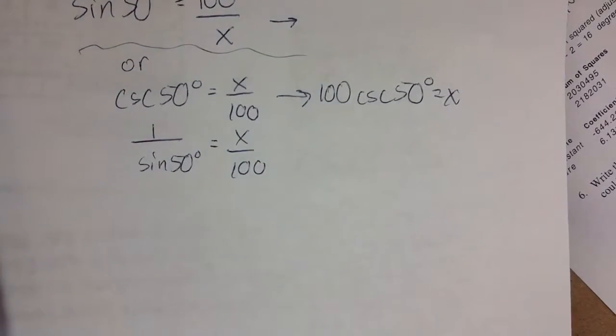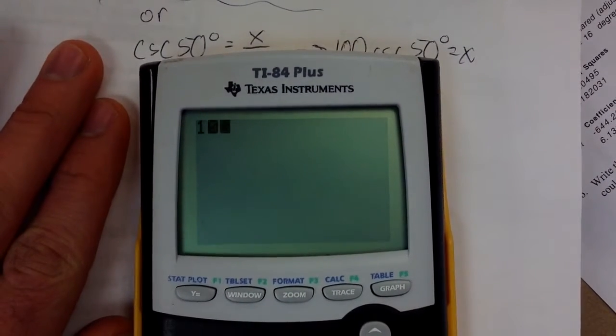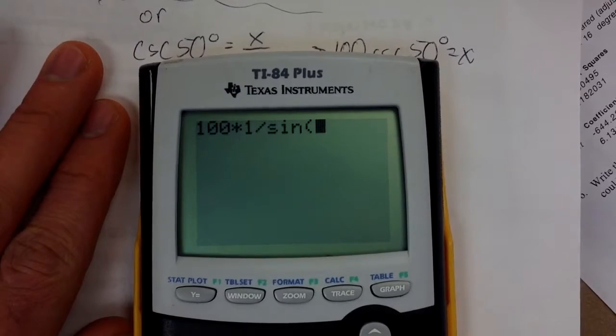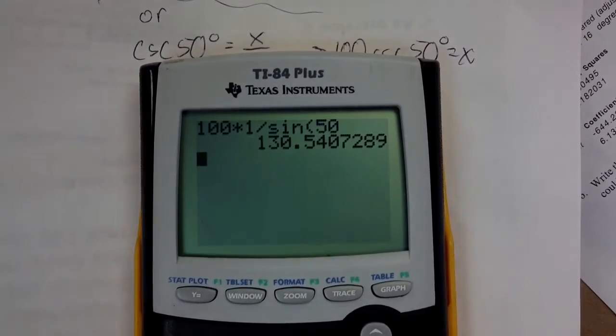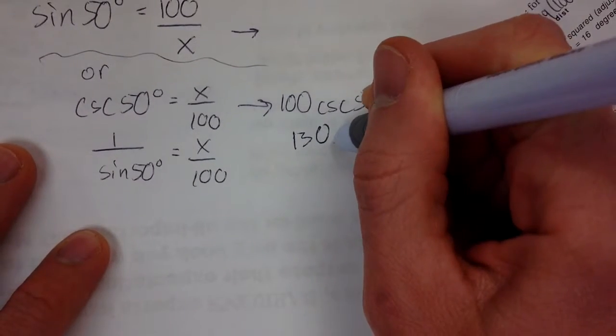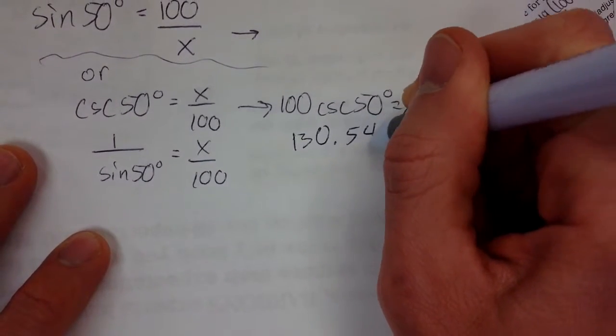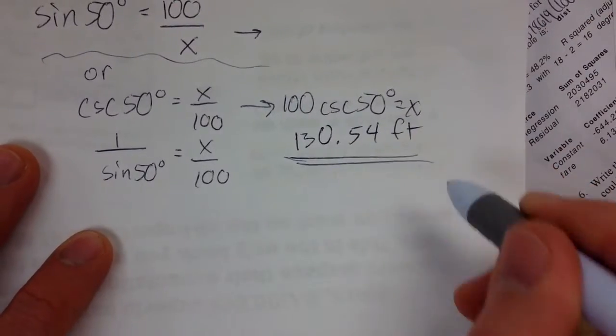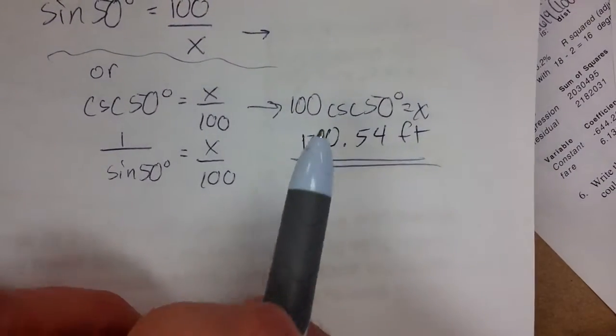It's 100 times 1 divided by sine 50. I'm with you. 100 times 1 divided by sine 50. Good. Okay. Any questions on 15?